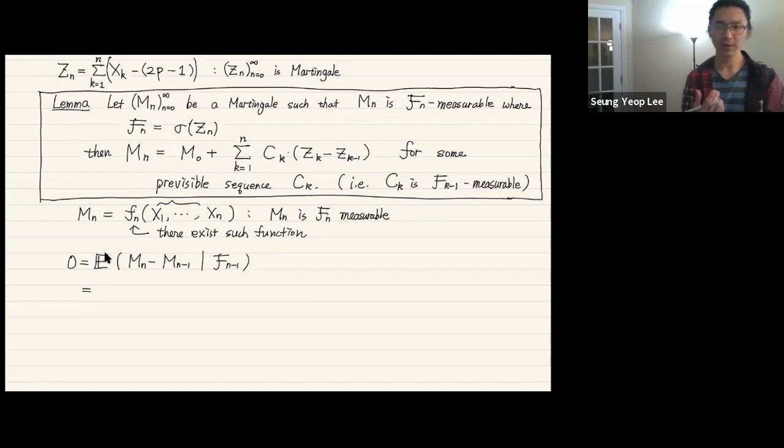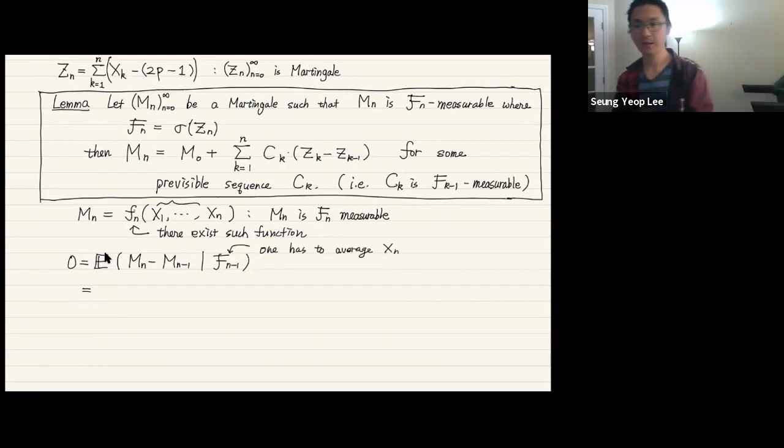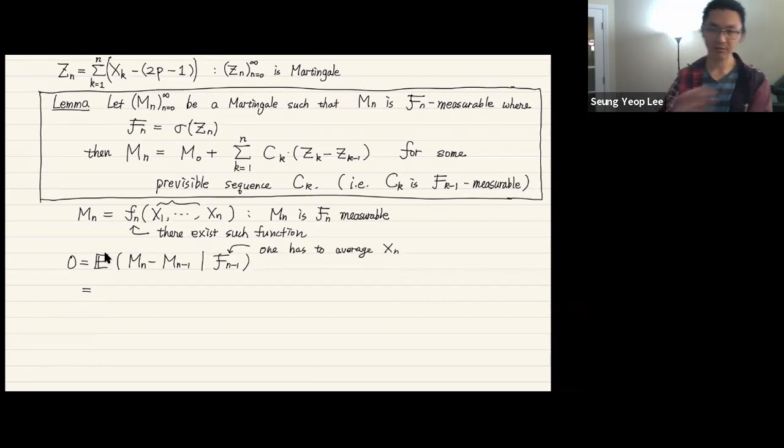In this sigma algebra Fn minus 1, xn is not a random variable. One has to average over xn, because xn is not measurable in terms of Fn minus 1. So you have to average over xn to get rid of that.